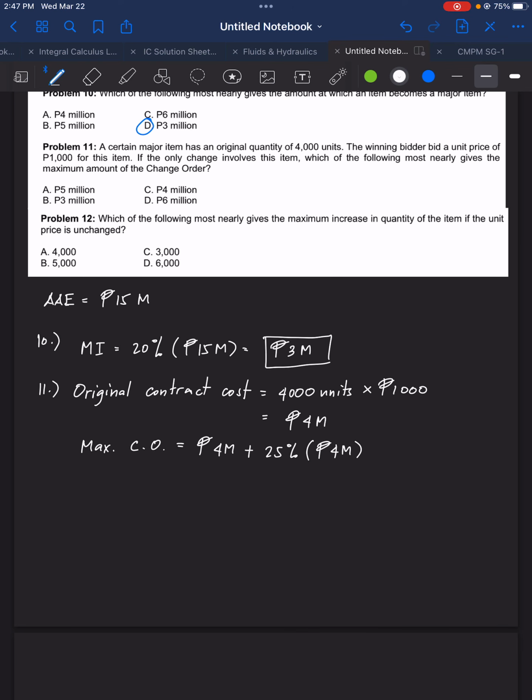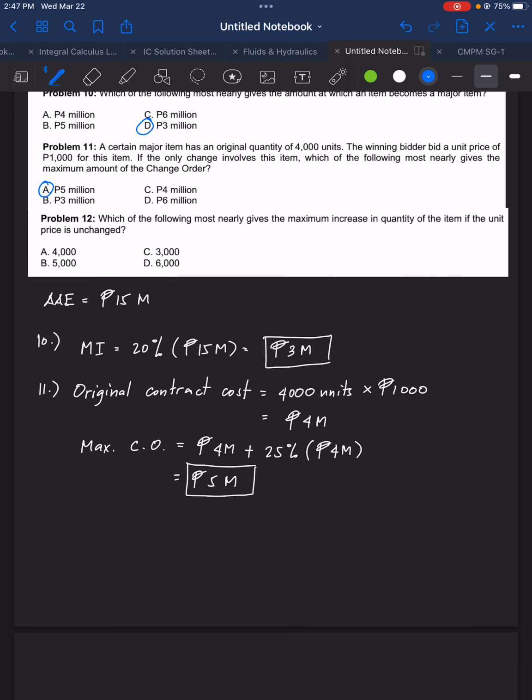So the answer here is 5 million pesos. So the maximum change order here is 5 million only. Okay? So it will not exceed the 5 million peso mark for the change order.